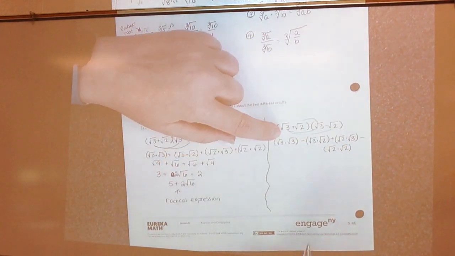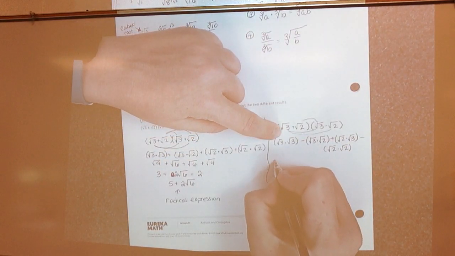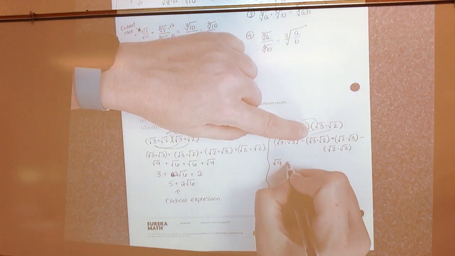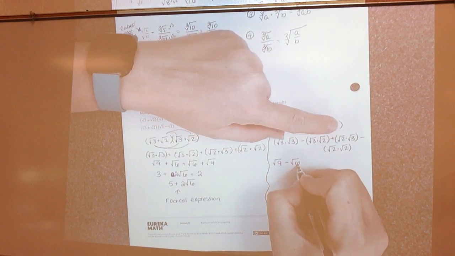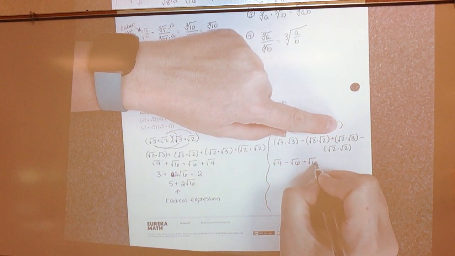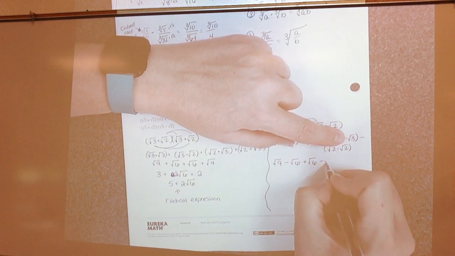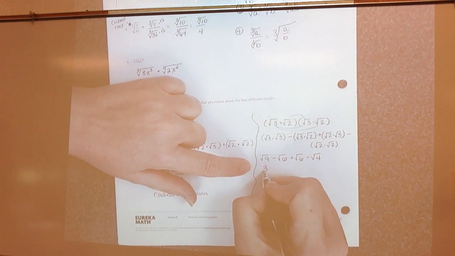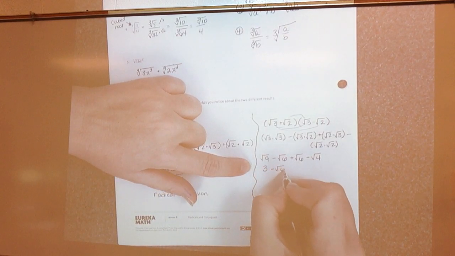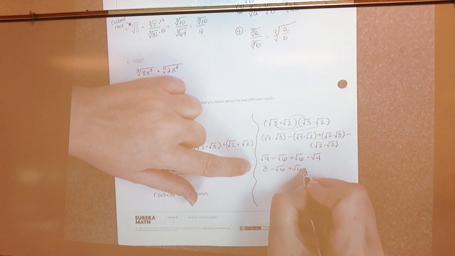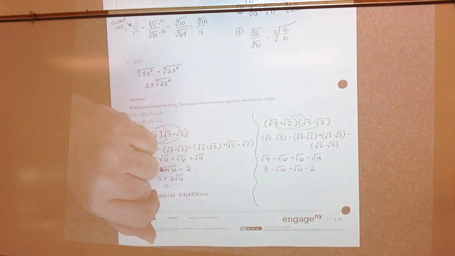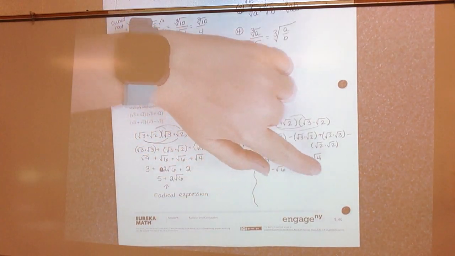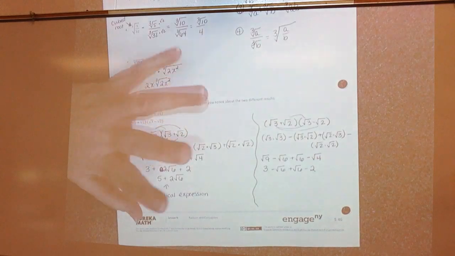The square root of 3 times the square root of 3 is the square root of 9, minus the square root of 6 plus the square root of 6 minus the square root of 4. That's 3 minus the square root of 6 plus the square root of 6 minus 2. Combine what I can. 3 minus 2 is 1.